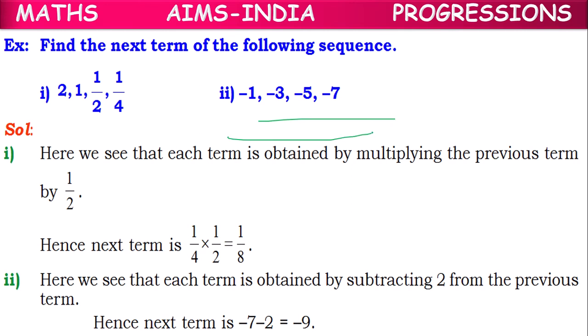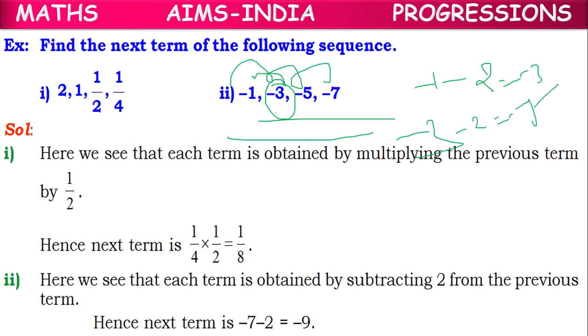Now see this example: minus 1, minus 3, minus 5, minus 7. Here, how has the second term been obtained? By subtracting 2 from the previous one. So minus 3. From minus 3, again if we subtract 2, it becomes minus 5.